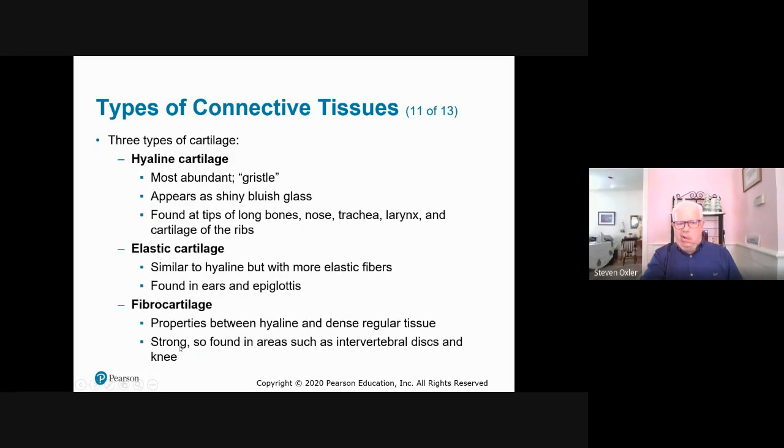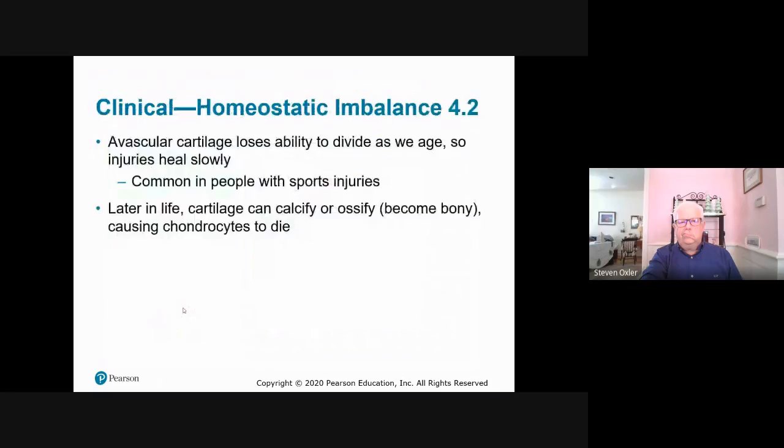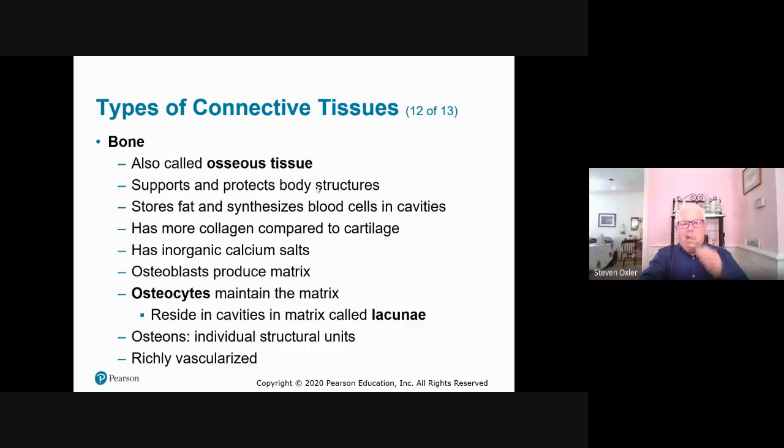It is the strongest of all cartilage, fibrocartilage. Here it is, avascular cartilage. Common injuries in sports, MCL injuries, medial collateral ligaments.